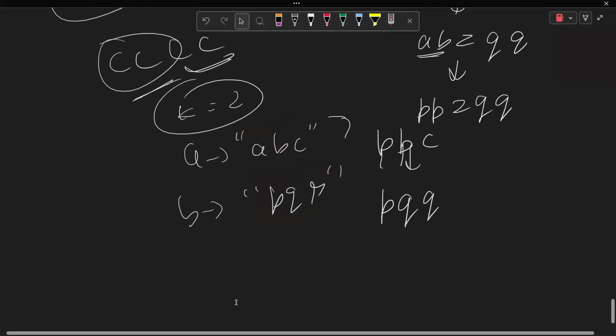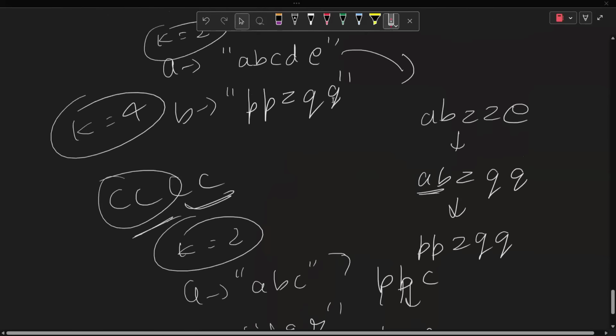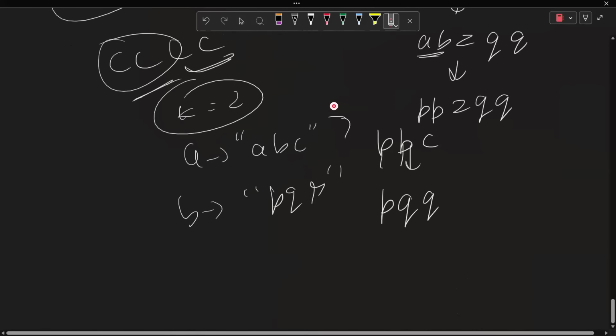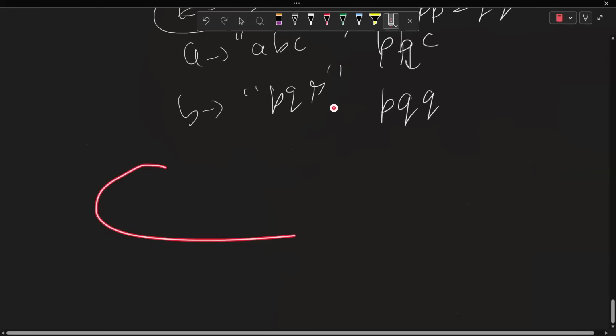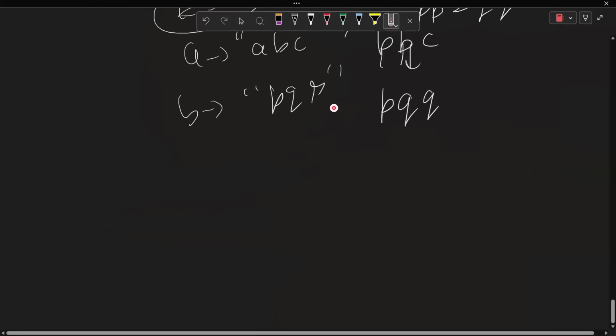So now the problem is, how can you do this? Basically, when would you decide that you can do this and when you can't? The observation that you need to make is that there would be at least one operation needed. After a series of operations, if you perform at least one operation, what is one thing you can definitely say about the final string?